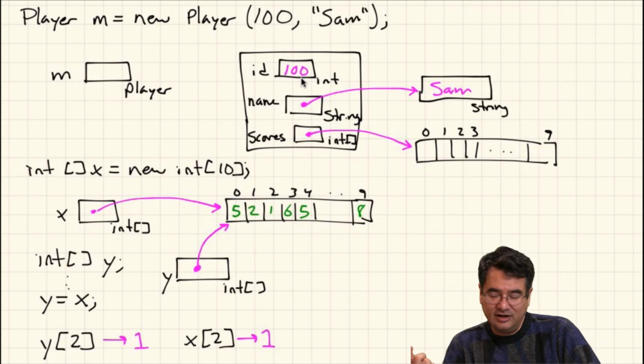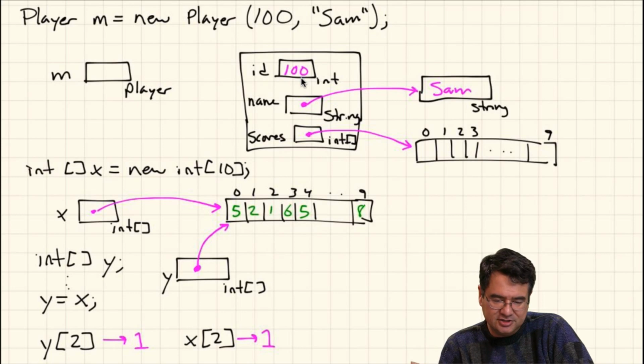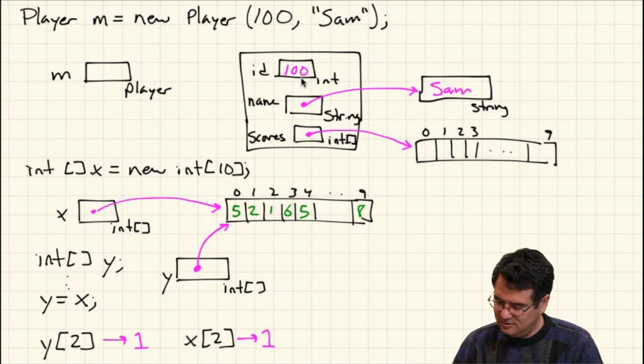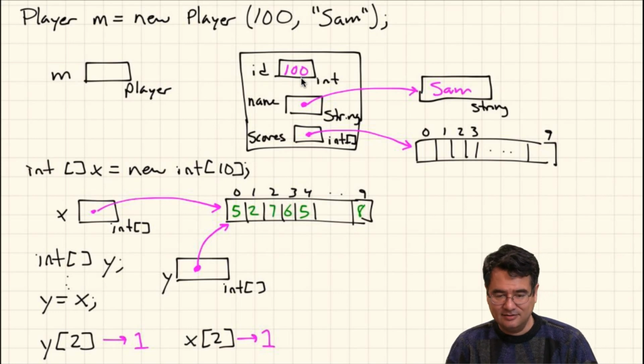So another side effect is that if I change a value in the y array, I also change a value in the x array because they're pointing to the same thing. In other words, if I go and change this value from a 1 to a 7, then that value is going to change in both arrays.